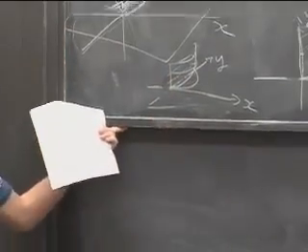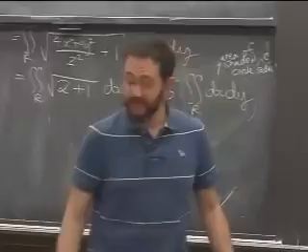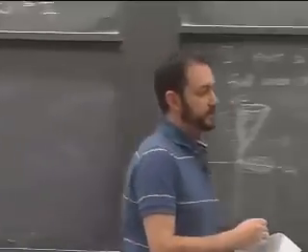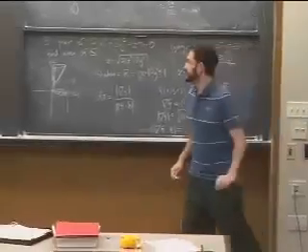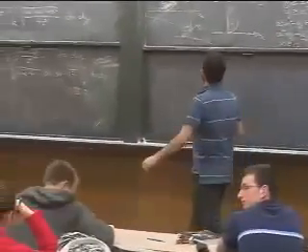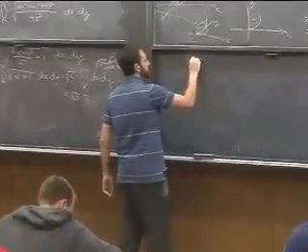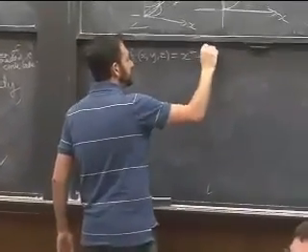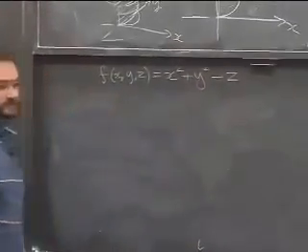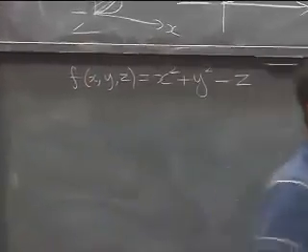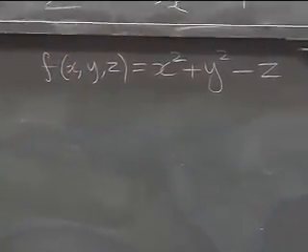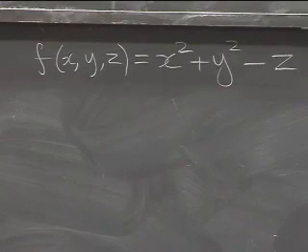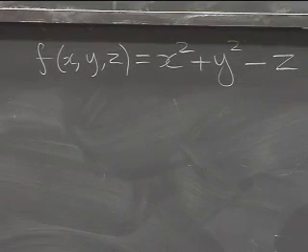Anyway, I still propose to work out the problem, and I propose to do it in the next 4 minutes. So now what I need to do is repeat the same sort of computation, and it goes like this. I let f of x, y, z be x squared plus y squared minus z. It probably doesn't make a difference, but I might as well be consistent with the solution that I once wrote down.